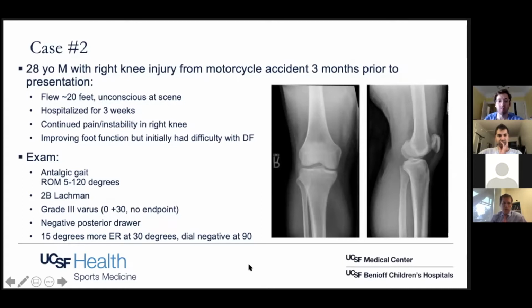And then when he presented 3 months after, had an antalgic gait, 5 to 120 on motion, 2B Lachman, grade 3 varus, and no endpoint in full extension or at 30 degrees, negative posterior drawer, and then a positive dial at 30 degrees.